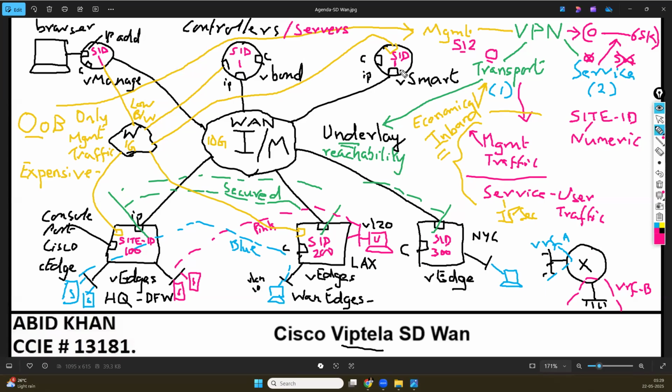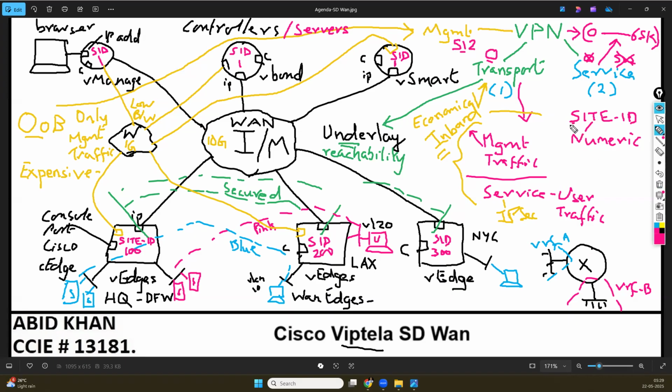If they are in the same location and still I want to give them different site IDs, that is also possible. Let's say all three controllers are in the same physical location, connected to the same physical switch. Still, if I want their site ID to be the same, I can keep them the same. Or if I want their site ID to be different, I can keep them different.